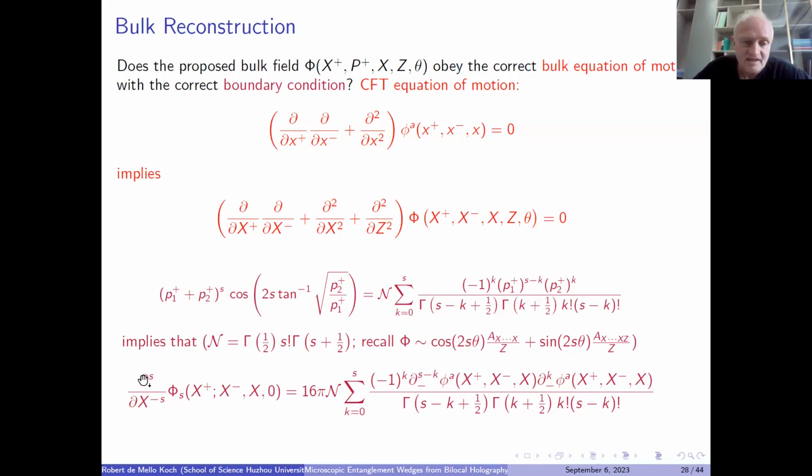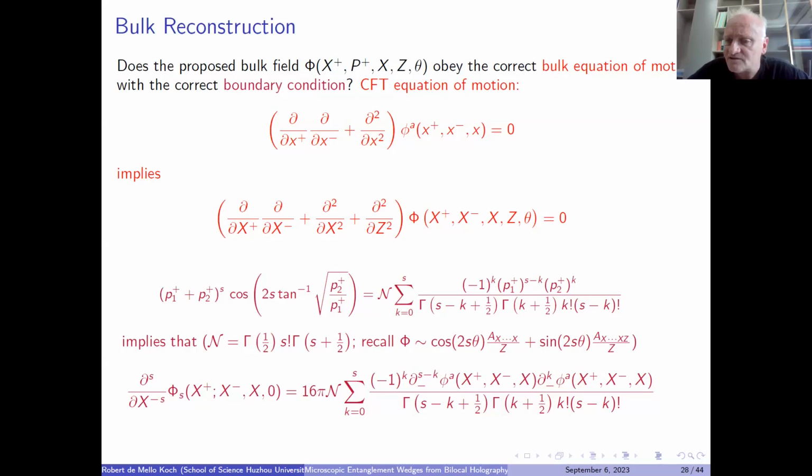So what you learn if you take z to 0 is that the s derivative with respect to x minus of phi s, where phi s is the mode of our field phi multiplying the cos 2s theta, that s derivative of this mode is reproducing for you the CFT current. So by taking the field to the boundary, we do indeed obtain the CFT current.